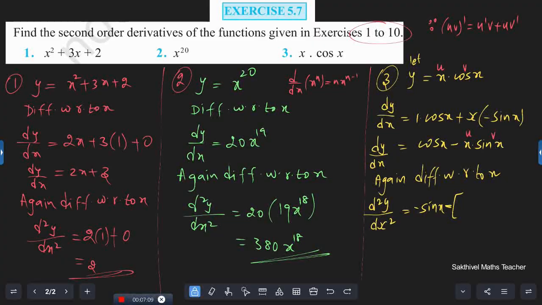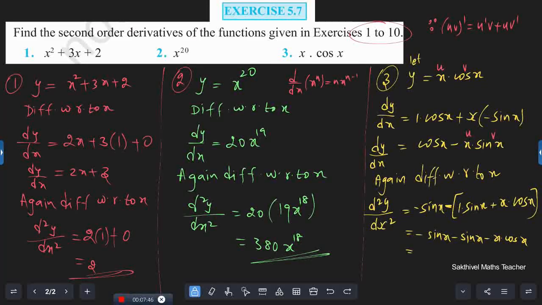So minus we have outside commonly, x derivative 1, sin let it be as it is, because as per the formula u dash v, u we have to differentiate, v we should write as it is. V means sin, let it be as it is. Already I did u dash, plus. Now u means x, let it be as it is, sin derivative is cos x. So take the negative, multiply inside: minus sin x, minus x into cos x.